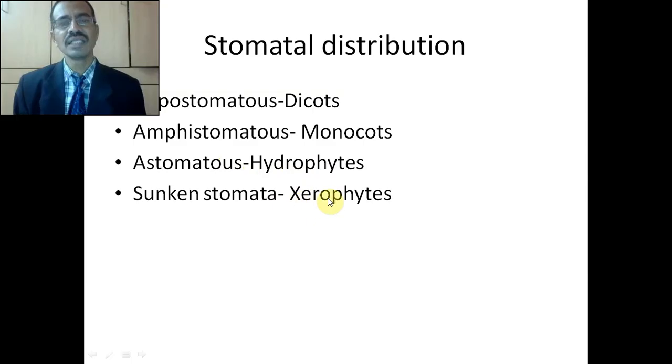In xerophytes, we find the stomata on the lower side of the leaves, and they are also called sunken stomata. They are deep inside the leaves to prevent excess loss of water.